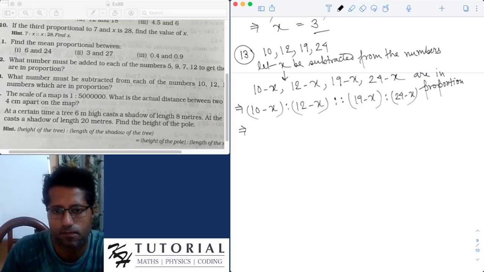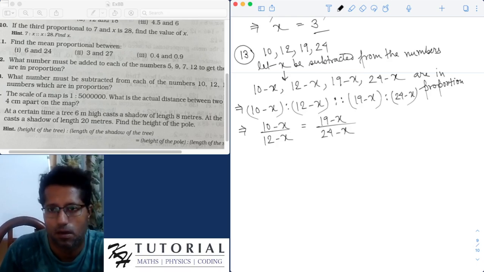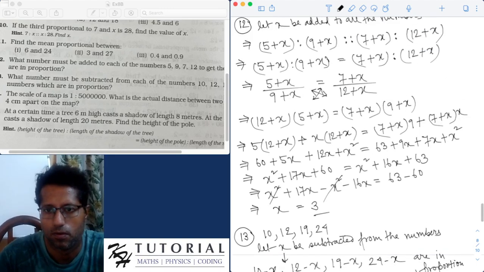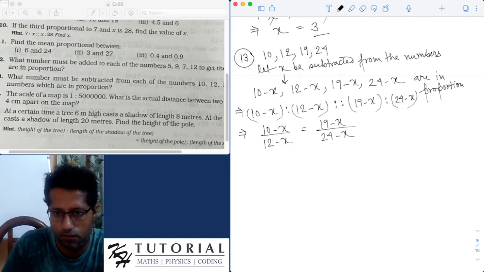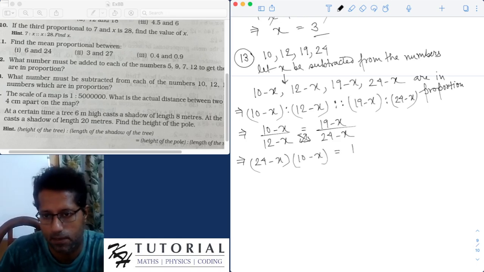This implies that (10 minus x) divided by (12 minus x) equals (19 minus x) divided by (24 minus x). We have to solve for x, so we will do cross multiplication, and this implies (24 minus x) multiplied by (10 minus x) equals (19 minus x) multiplied by (12 minus x).